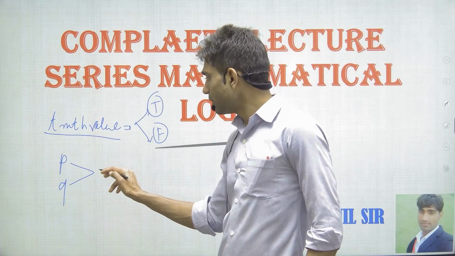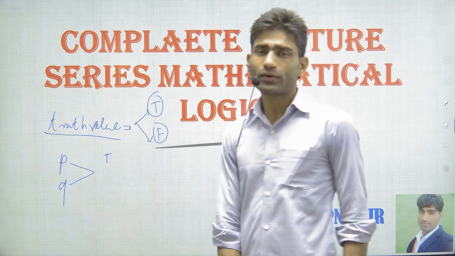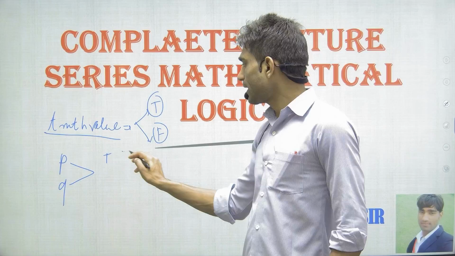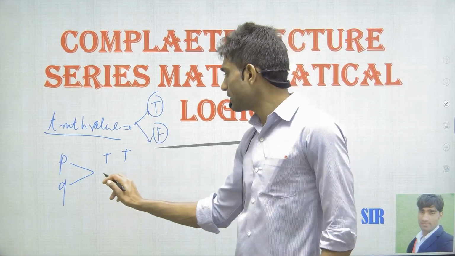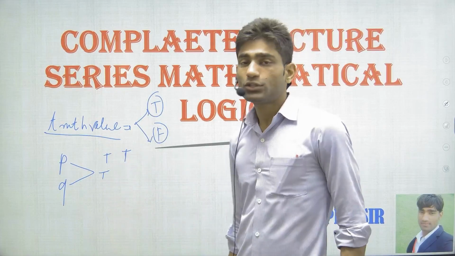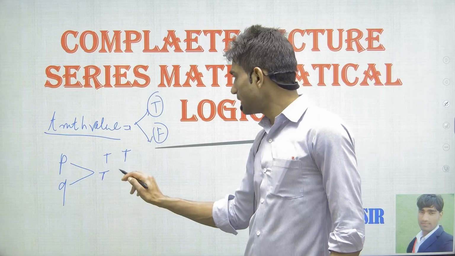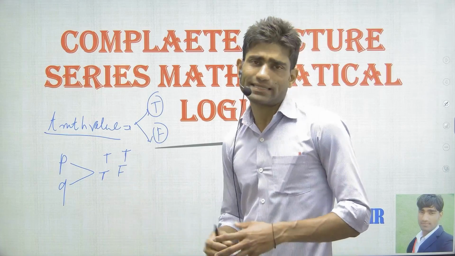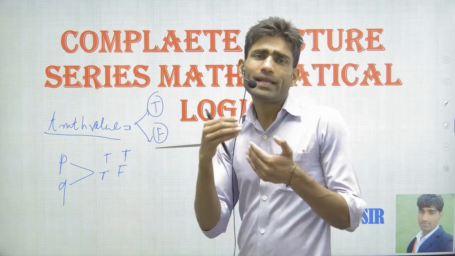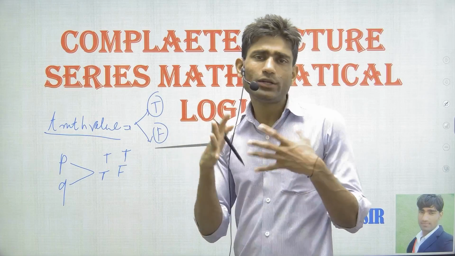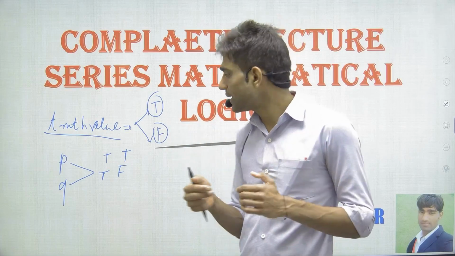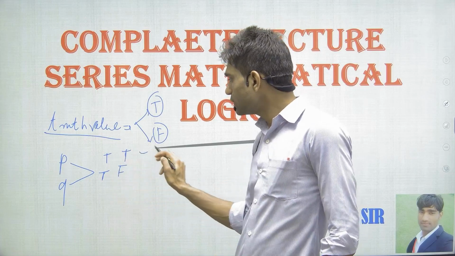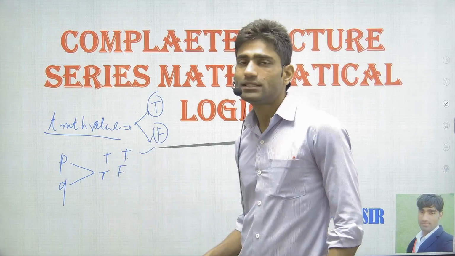For this combination, we consider the first truth value as true: the first statement can be true and the next statement remain true. If the first statement is true, the second statement can be false. These are the possible ways we can take the truth values for two statements together. But always remember that we don't have to repeat these again. Here I have considered the first statement true and the second statement true.